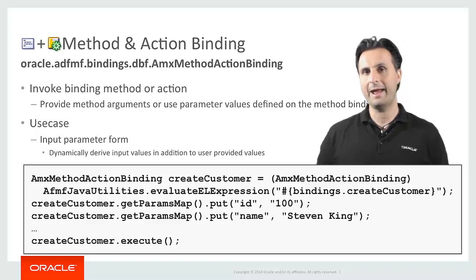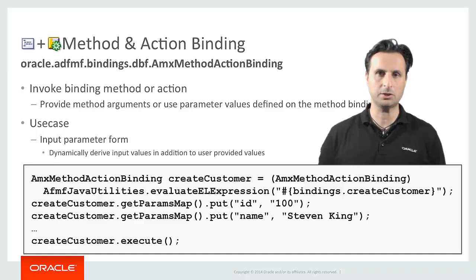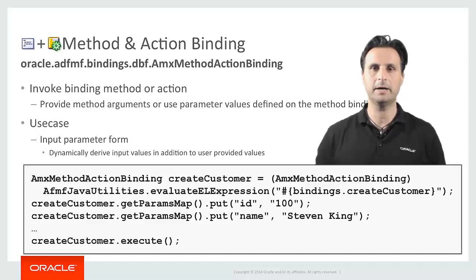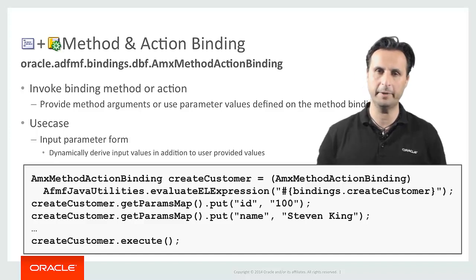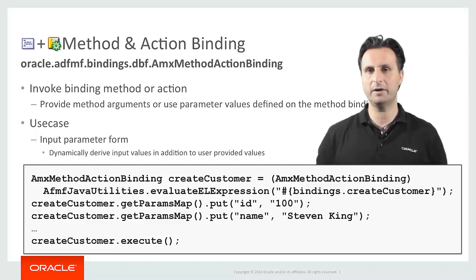So in this case, you don't necessarily have to pass in the argument in your Java code. You can just go straight and execute it. However, if purely the information that you need to provide is different from what you can access from a managed bean, then you can pass this information in Java as well, as shown here on the slide.